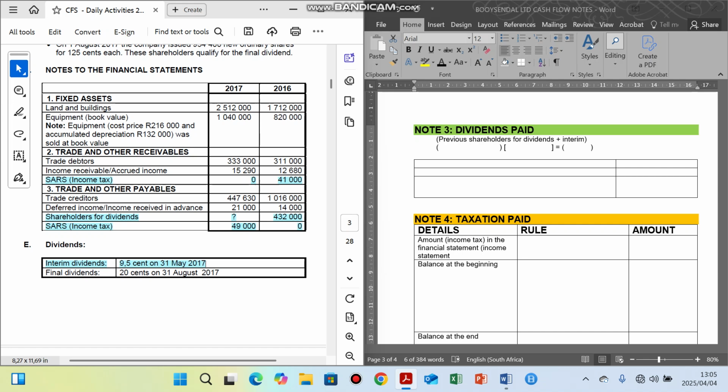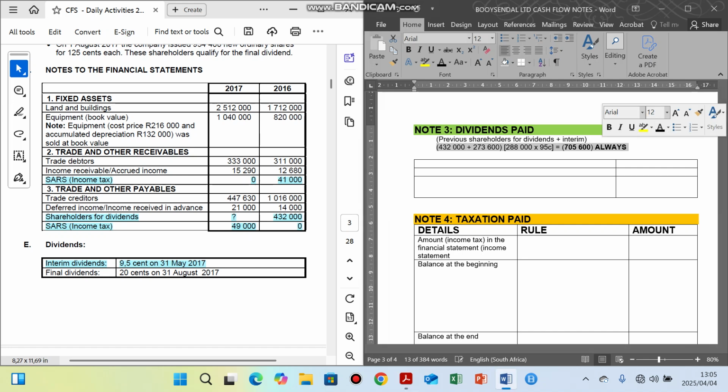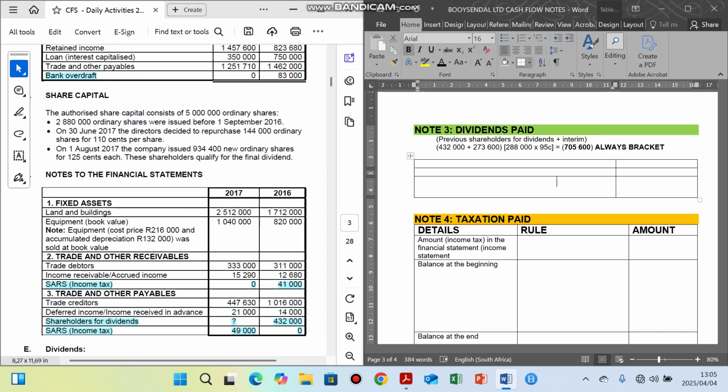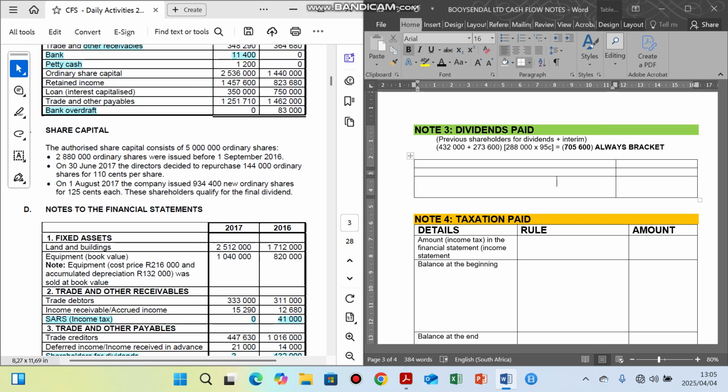So how do we then solve that issue? Let's go here under the number of shares that are issued. We can see that at the beginning of the year it was 2,880,000.